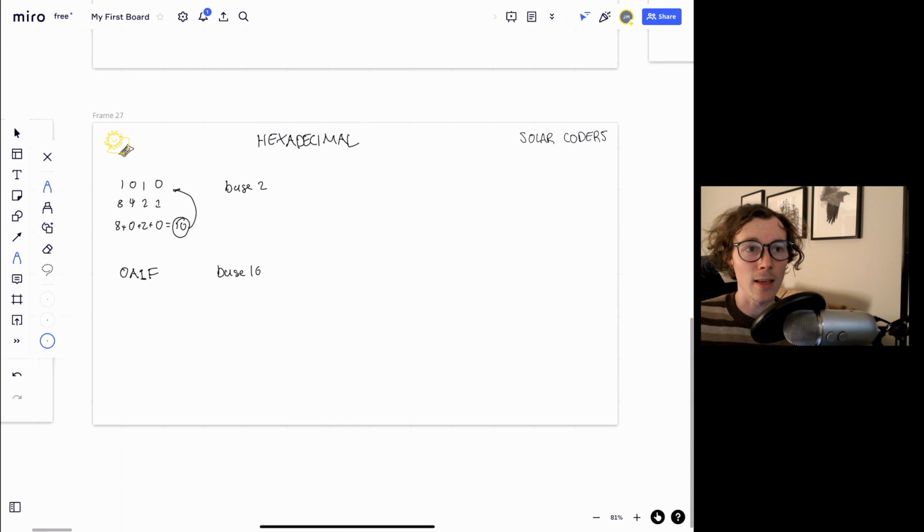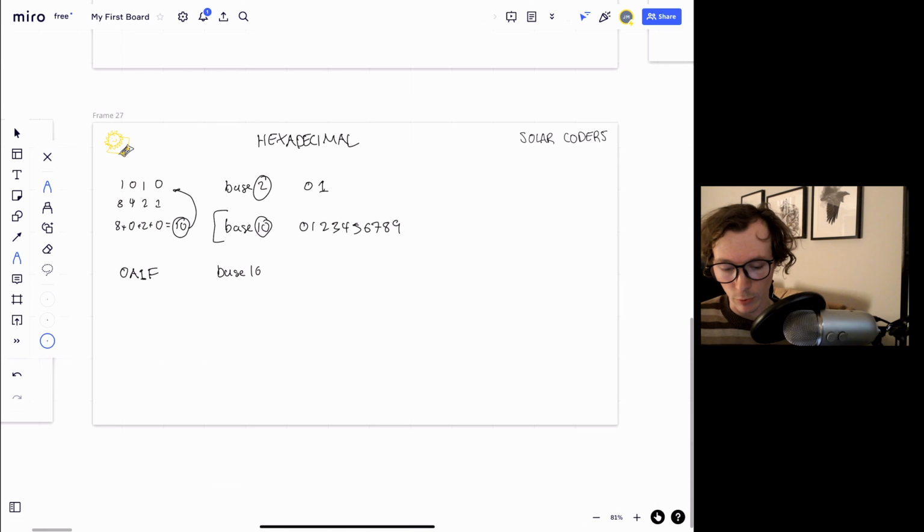But the thing is, as I was saying last video, when a number system is base 2, that means that it has two symbols to represent the various digits, right? So base 10, which is our number system, has 0, 1, 2, 3, 4, 5, 6, 7, 8, 9 as the symbols.